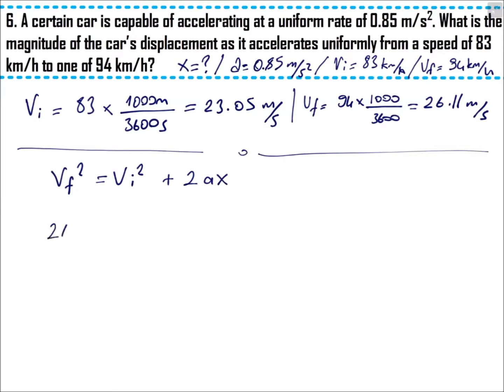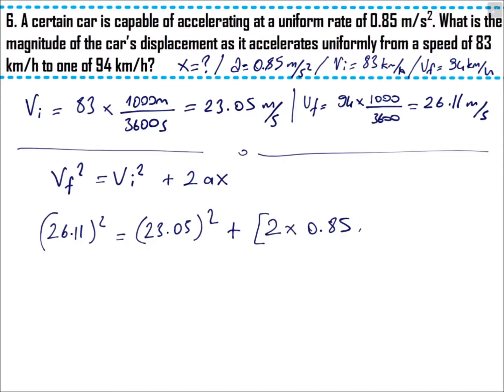The final velocity 26.11 square equals initial velocity 23.05 square plus 2 times a, which is 0.85, times x. 26.11 square is equal to 681.79, and 23.05 square equals 531.55, plus 2 times 0.85, which is 1.7x.